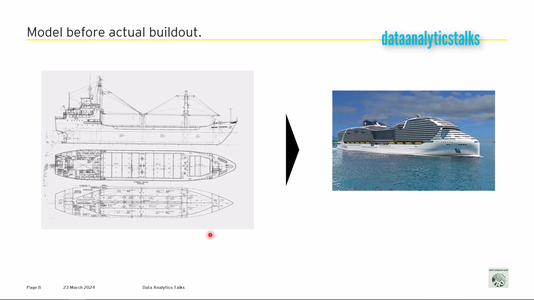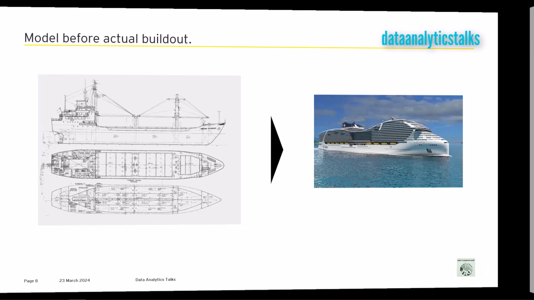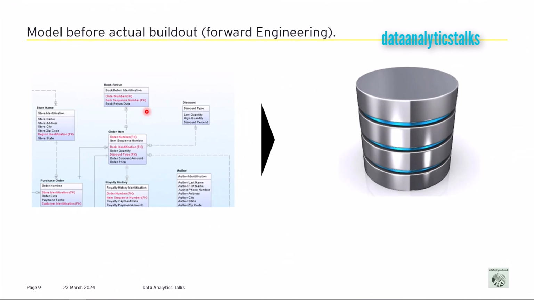So our database design or enterprise database structure should be created in such a fashion that first you create the data model, then you make multiple iterations, then multiple reviews, then once you are satisfied, you can start creating your database.